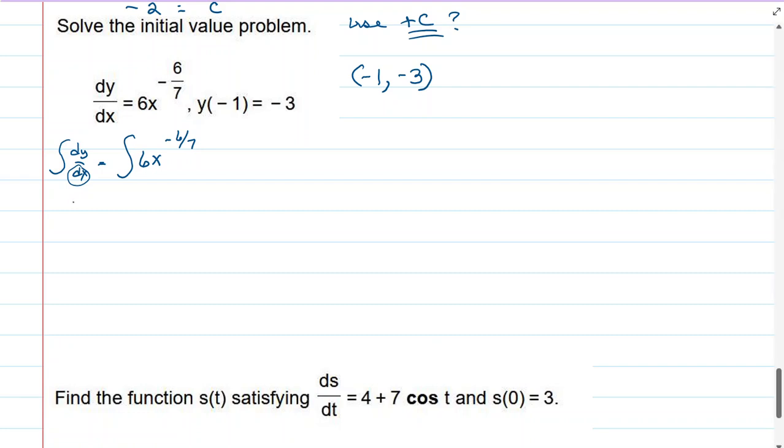So we're going to have y of x is 6x to the negative 6/7 plus 1 divided by, and now I'm going to have a 1/7, so it's a multiply by 7. Does everybody see that? But I'll do it this way on this problem, plus some constant, because we're doing a bit more on this one.